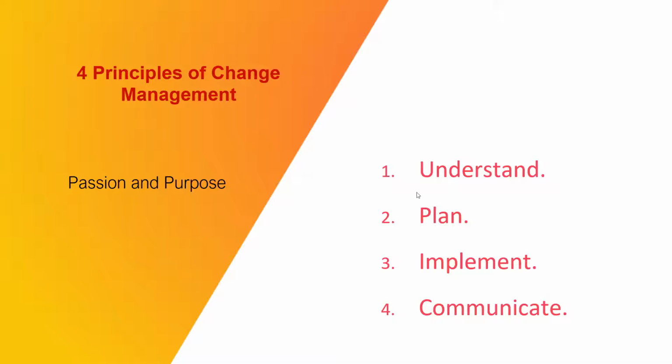As we're implementing change, when you provide a clear understanding of what the plan is, and everybody knows that plan, you start to get that low-hanging fruit. You implement that plan so it's delivering early in the process, and like I said, continually communicate, then you end up with passion and purpose.